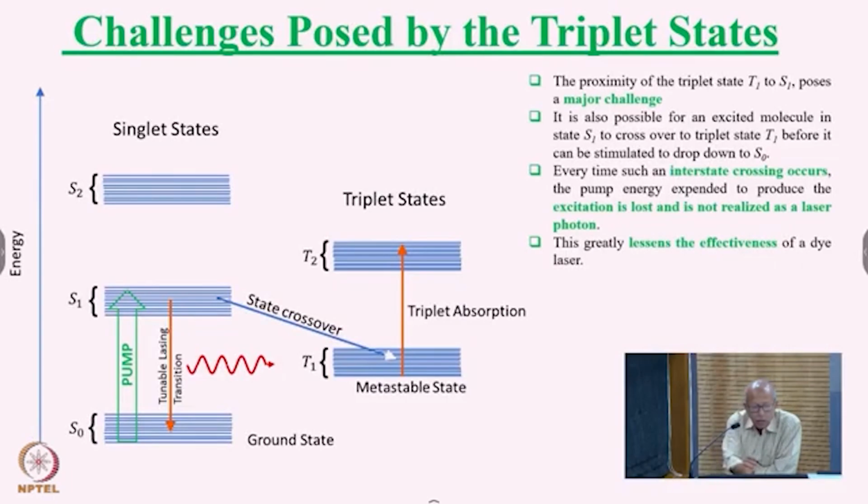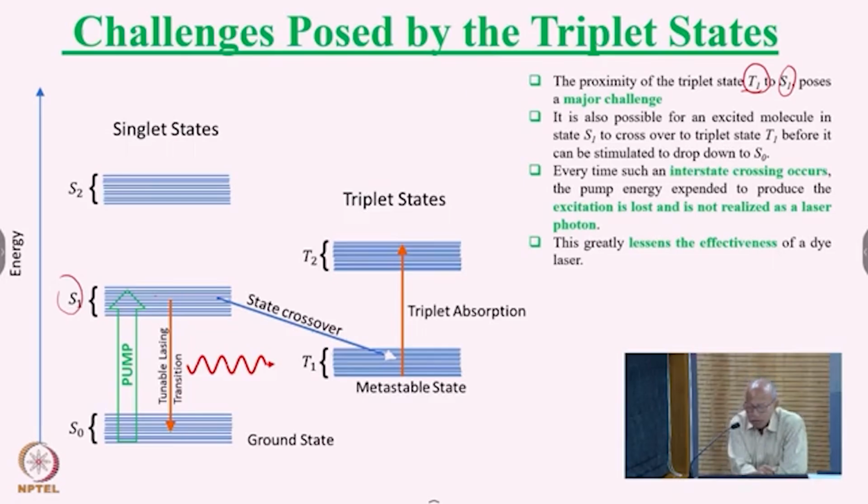So now let us see what are the challenges posed by these triplet states. You see, the proximity of triplet state T1 to the singlet excited state S1 poses a major challenge. That is because if this state and this state are energetically very close, then the molecules which are excited to this state can cross over to the triplet state before they can be stimulated to drop down to S0 and contribute to the lasing.